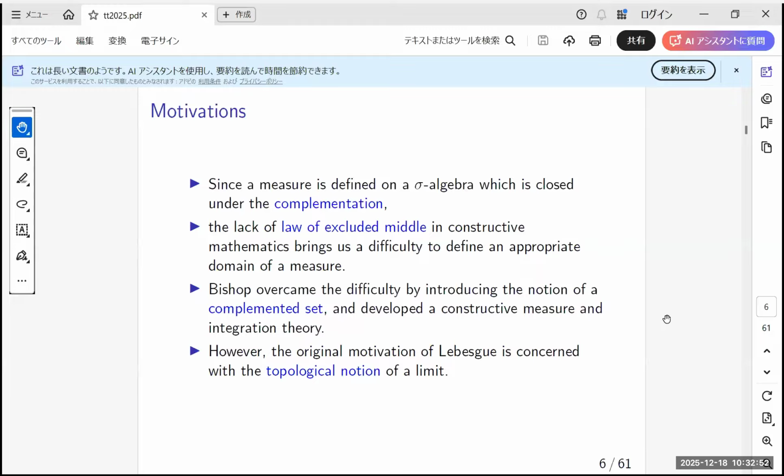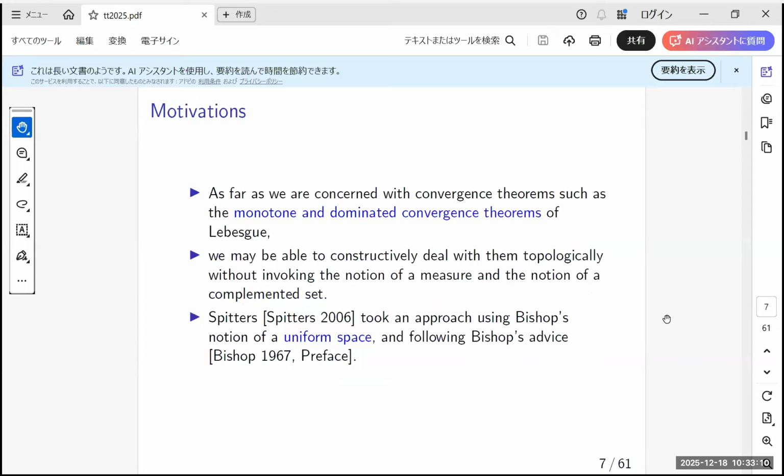Bishop overcame the difficulty by introducing the notion of complemented set and developed measure and integration theory. But the original motivation is concerned with the topological notion of a limit. So as far as we are concerned with convergence theorems, such as monotone and dominated convergence theorem, we may be able to constructively deal with them topologically without invoking the notion of measure and notion of complemented set.